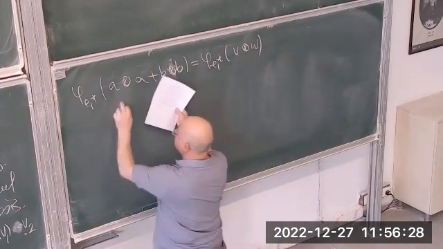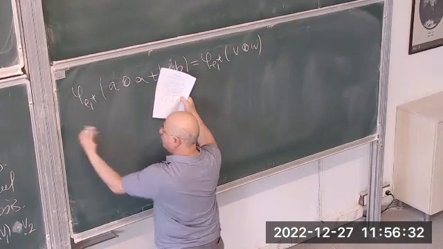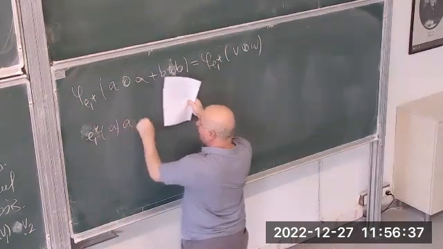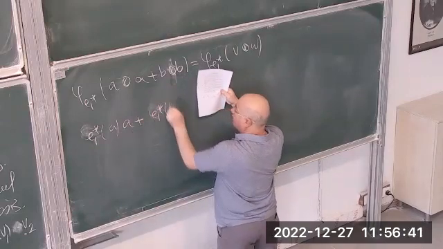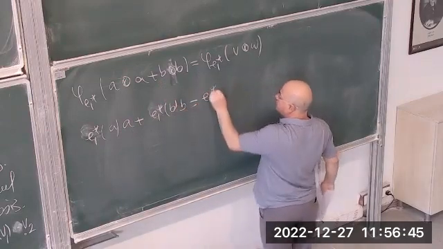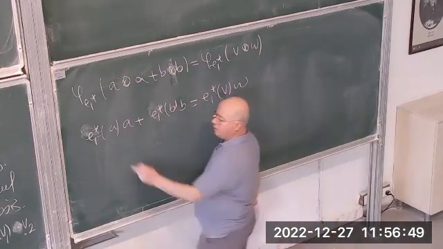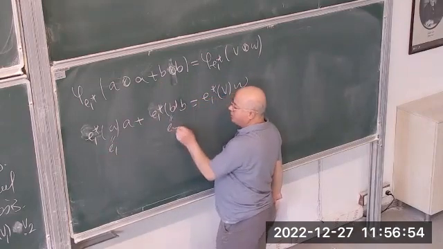Okay, now, what is this? When this is applied to this one, I get E1 star applied to A times A, plus E1 star applied to B times B, equal to E1 star applied to U, W. Well, A is just E1, right? And B is just E2.